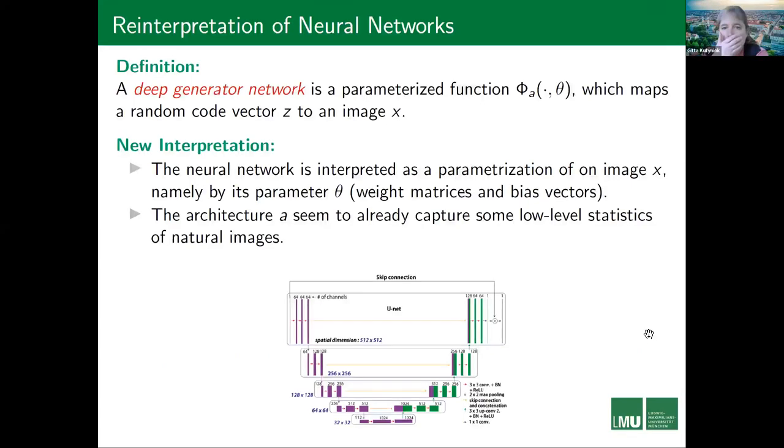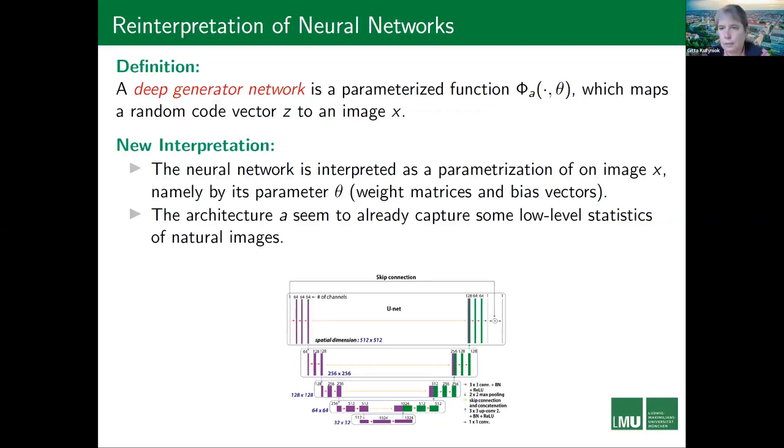So they use a deep generator network, which is a normal neural network, so a parameterized function, which maps now a random code vector Z, which we put in here, to an image. So it generates images. So the output is an image.